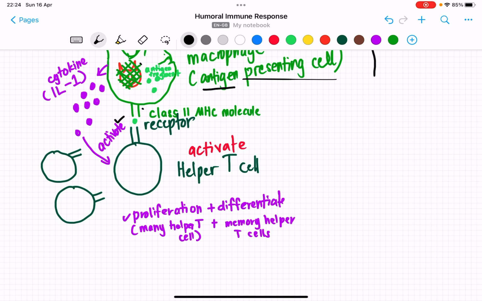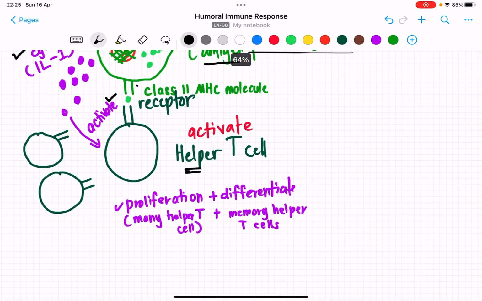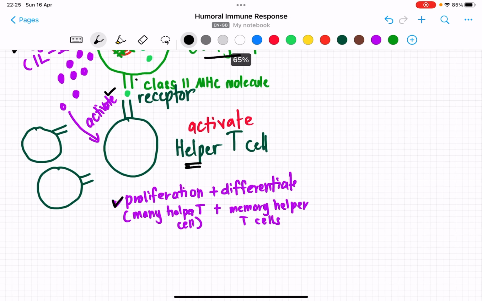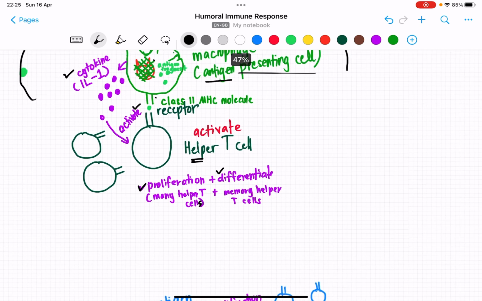This will activate the helper T cell; this will cause the macrophage to secrete cytokine and activate the helper T cell. Activated helper T cell will proliferate and differentiate to produce many helper T cells and also memory helper T cells.